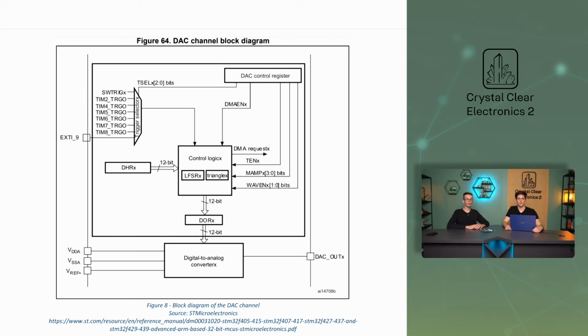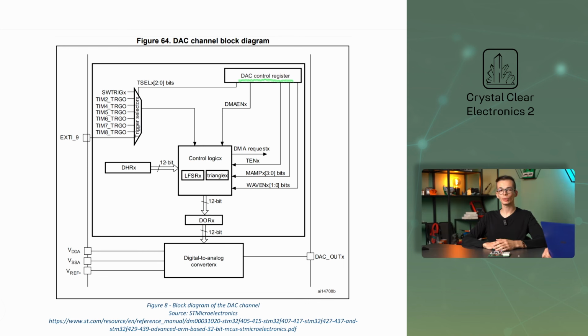The first is the DAC control register. Channels are controlled via this register. The lower 16 bits of the 32-bit register are assigned to channel 1, and the upper 16 bits are assigned to channel 2. It allows you to enable certain functions of the channel, the DMA, the trigger, and the built-in signal generator.